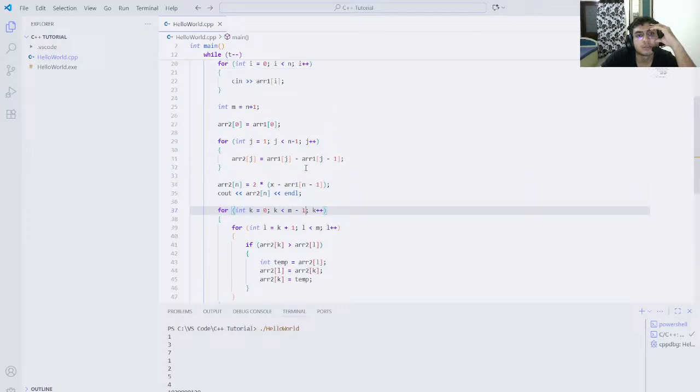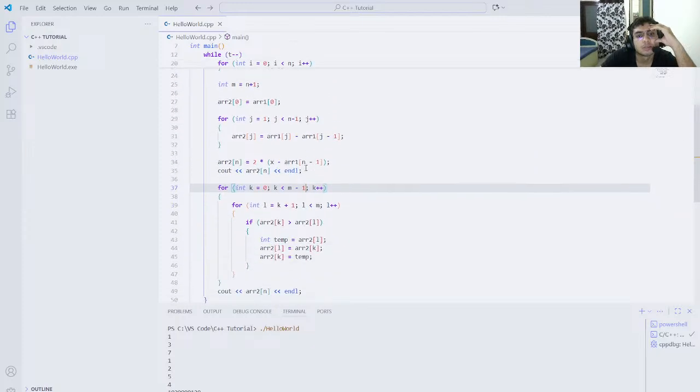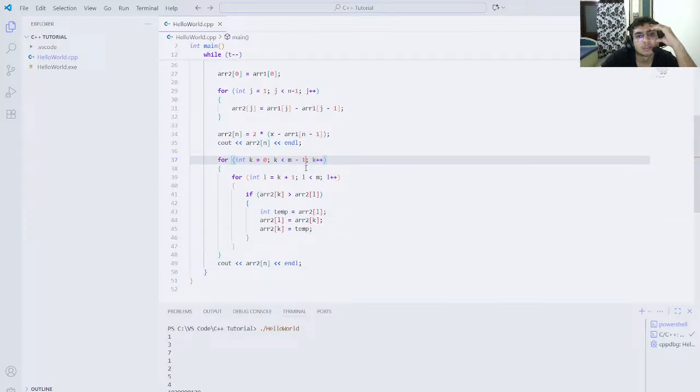Instead of m minus 1, let's just do it n plus 1.